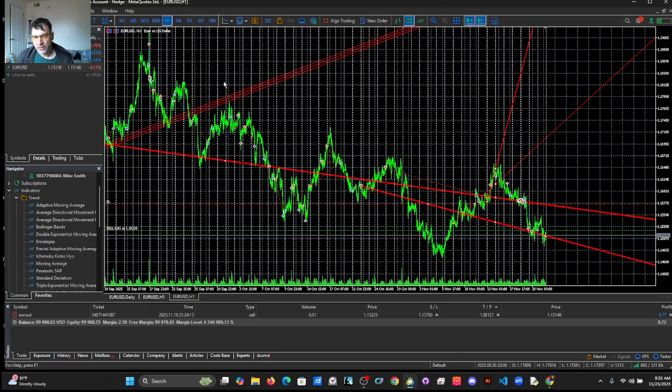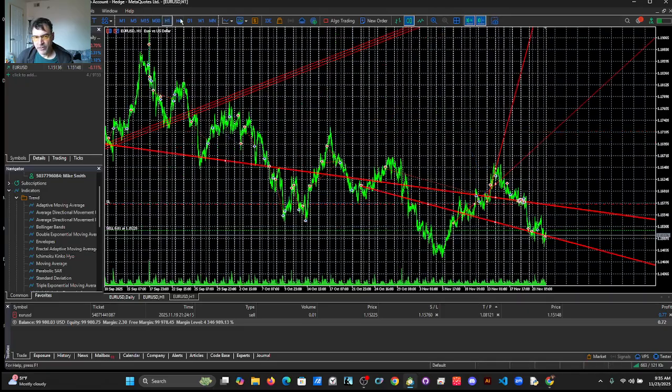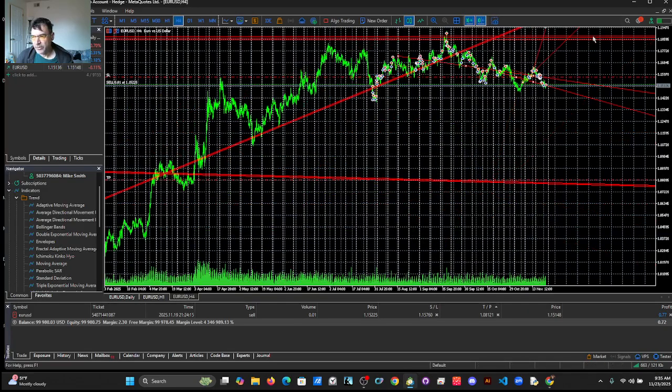Currently it's on the negative side of this region. I have not moved these lines. I'm not moving these lines until it hits one of these targets, either this line or this line. So what am I using as a decision? I'm using this region boundary as a decision factor.